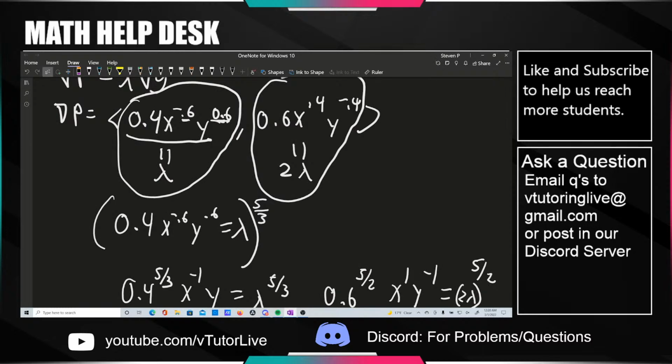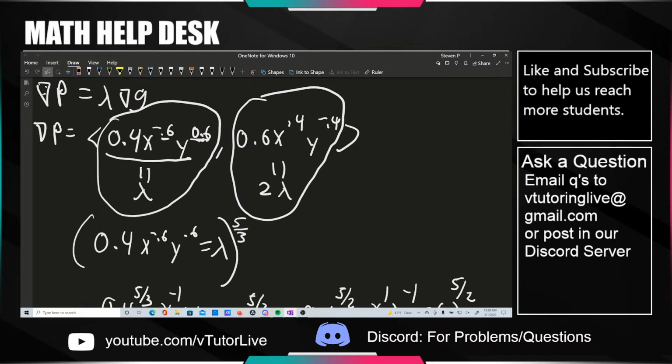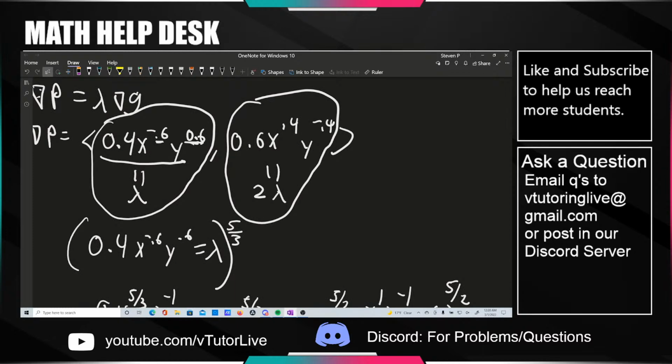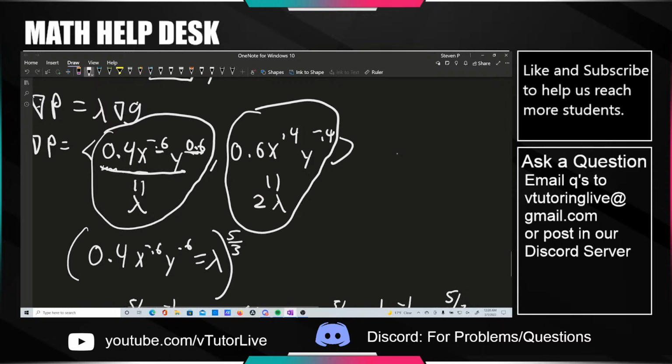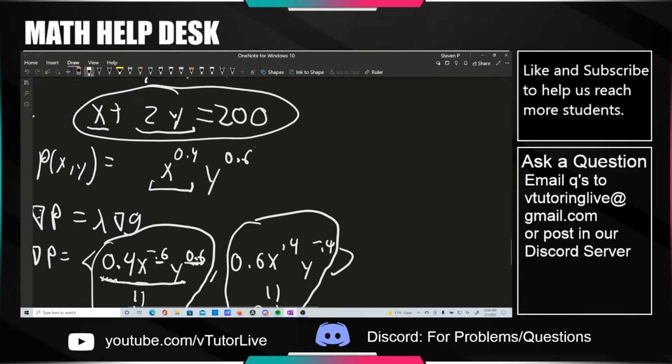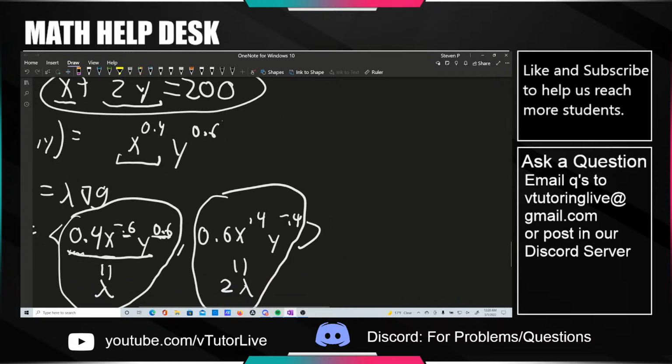Oh, you know what might have been a more reasonable approach? Instead of trying to square things, maybe just take one of these equations and divide by the other to get rid of the lambda. That'll give you an equation just about x and y. Then you can compare that to this other equation of just x and y, and that should let you solve for x and y. You see what I mean?